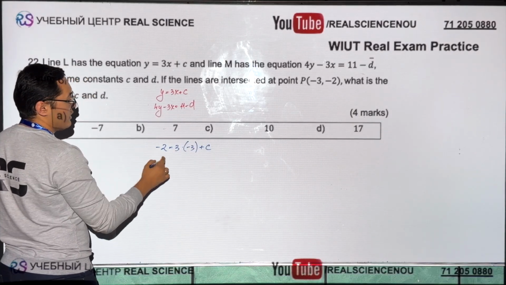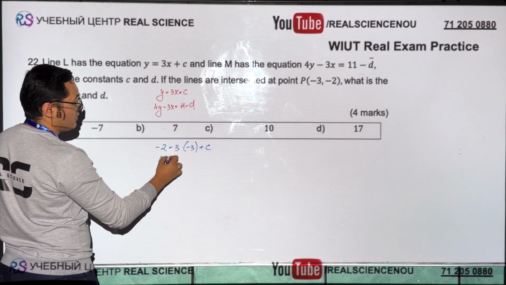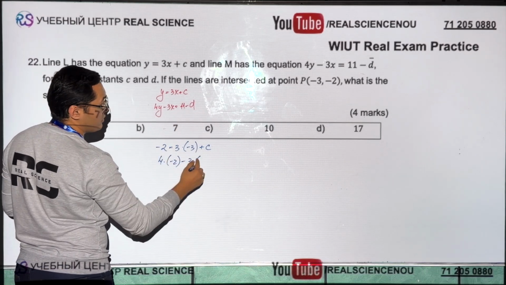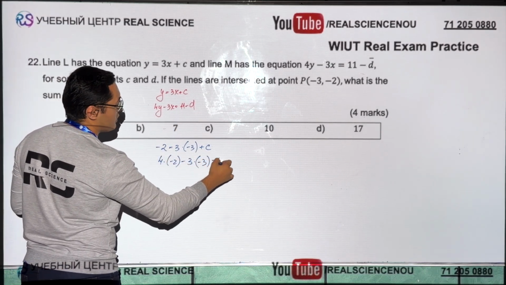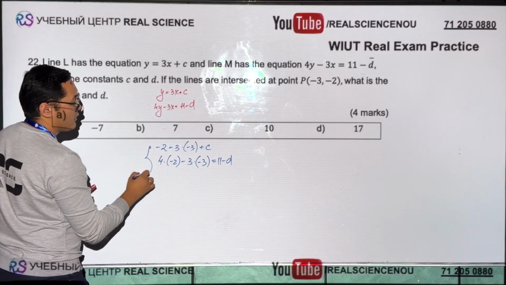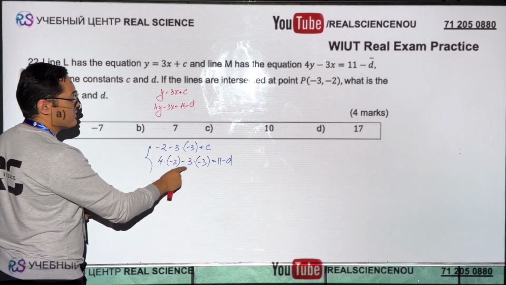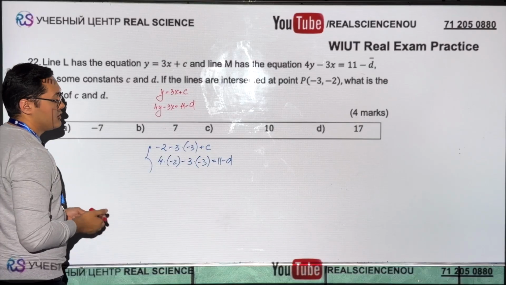And here as well, instead of y we put minus 2, and instead of x we put minus 3: 4 times minus 2 minus 3 times minus 3 is equal to 11 minus d. Based on the first one we can find c, based on the second one we can find d.